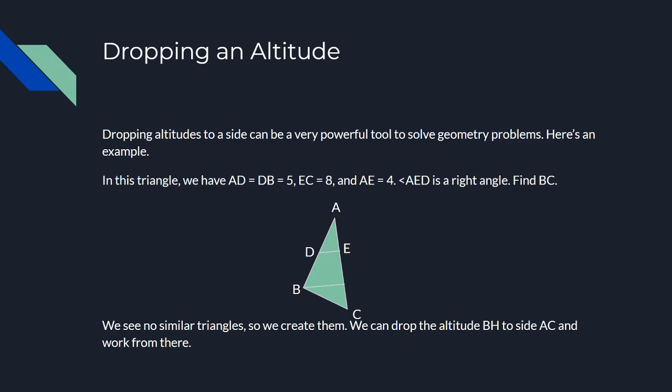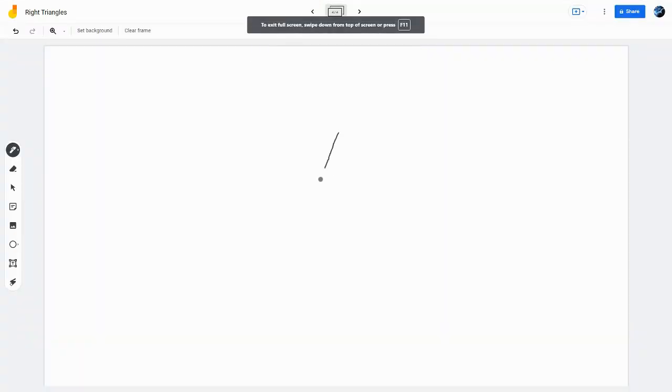So we see no similar triangles, so we can simply create them. We can drop the altitude BH to side AC and just work from there. So we have some kind of thing like this going on.